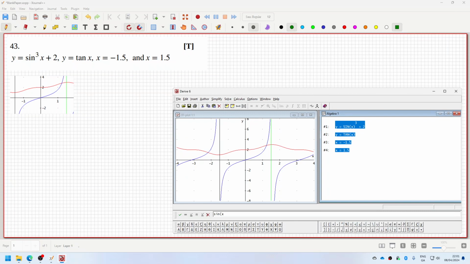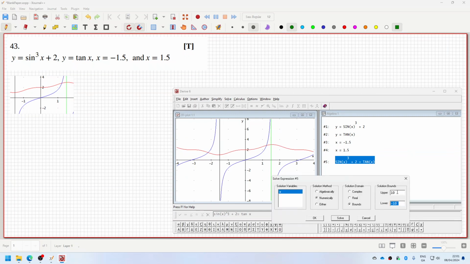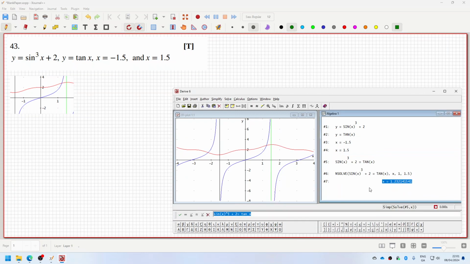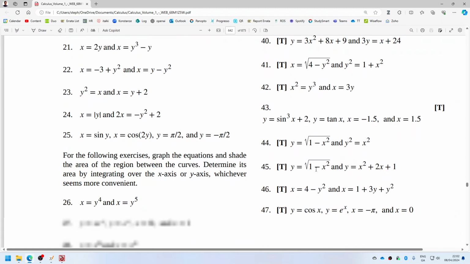Sine x cubed plus 2 equals tan x. Solve expression from real numerical bounds from 1 to 1.5. Yeah, okay. So how many decimal places are we supposed to use here? 3 decimal places.